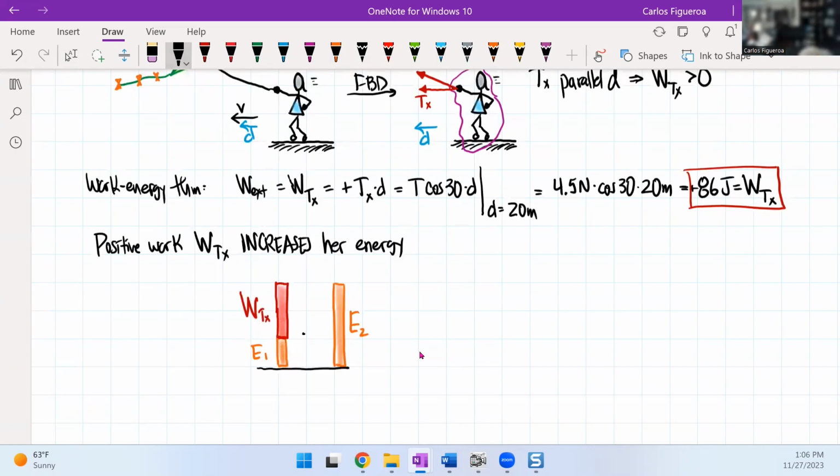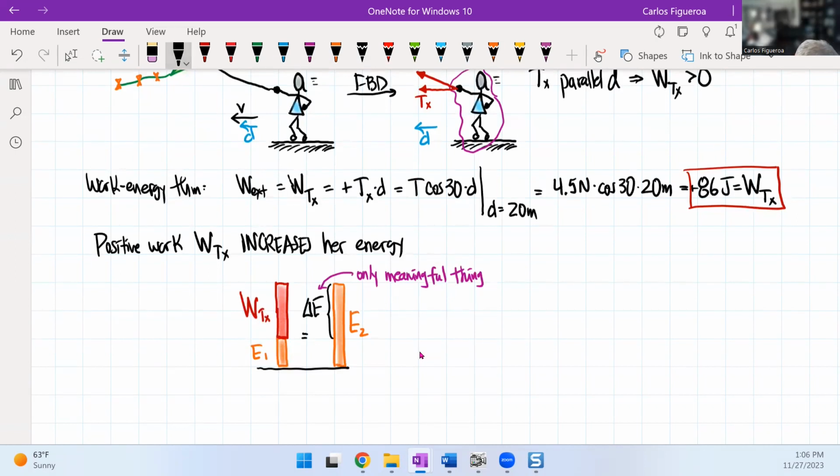And again, what is meaningful? Only this delta energy. This is the only meaningful thing.